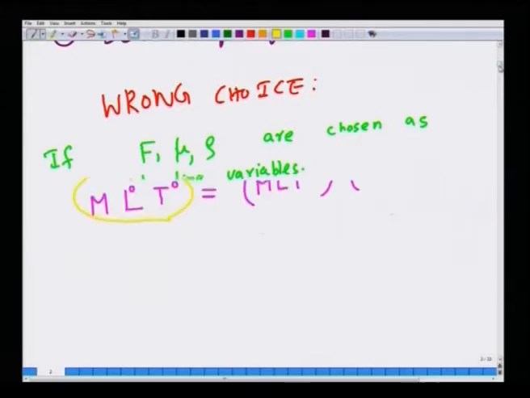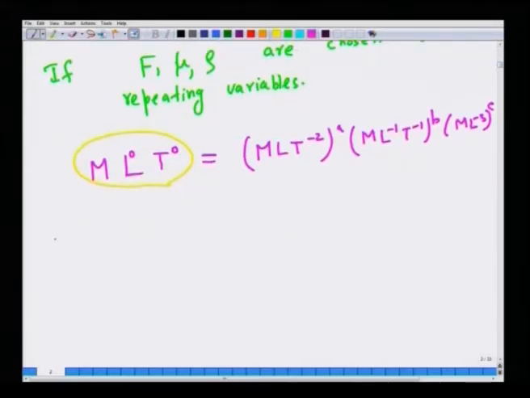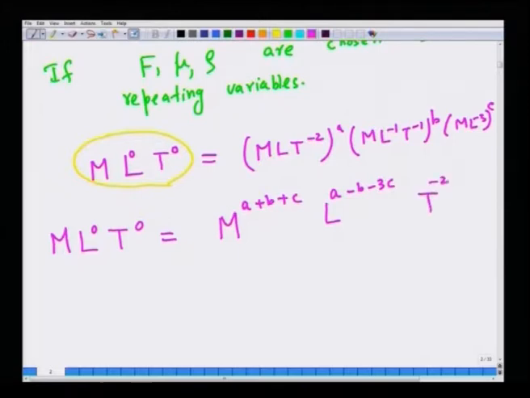Now, how are we going to proceed further? We are going to equate. Let me expand these powers out. I can write this as m to the power a plus b plus c, L to the power a minus b minus 3c, t to the power minus 2a minus b. If these 2 expressions are dimensionally equal, then the exponents must match.